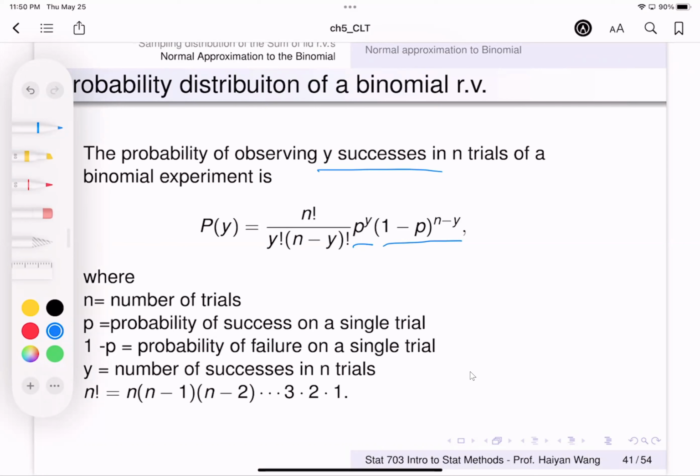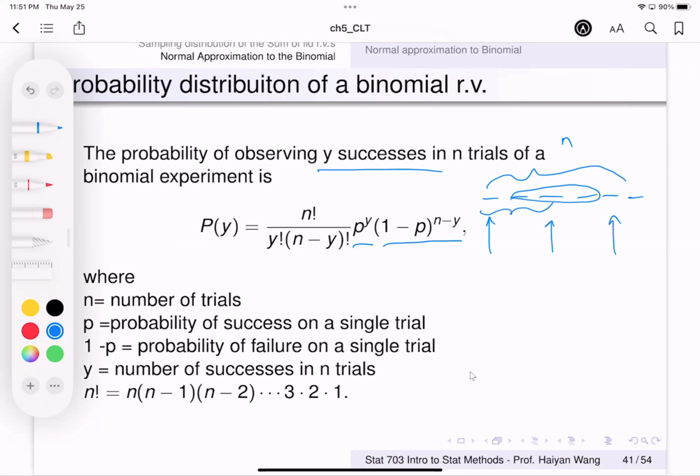And beyond that, for y successes, these y successes could be, for example, among a total of n trials, and let's say y is 3. It could be the first 3, or the second 3, or the 1st, the 3rd and the 5th.